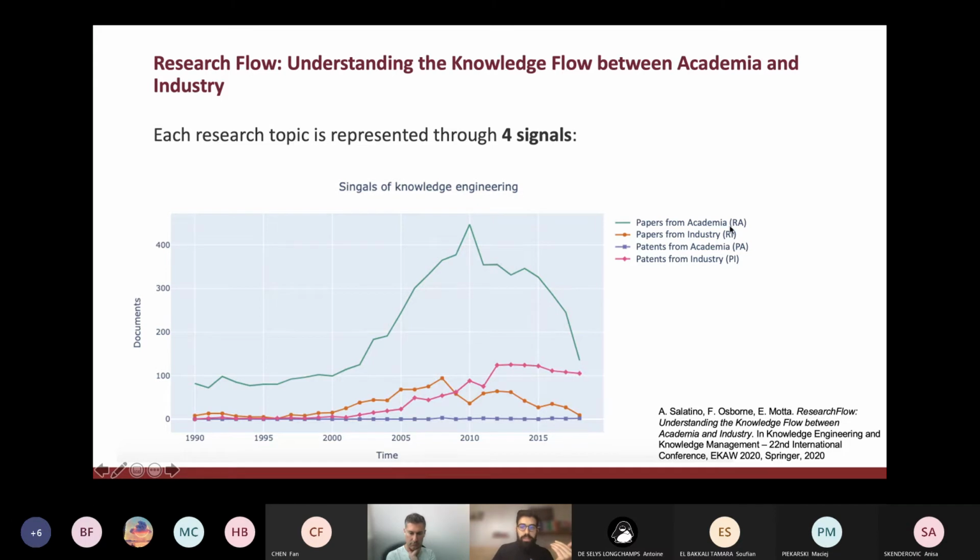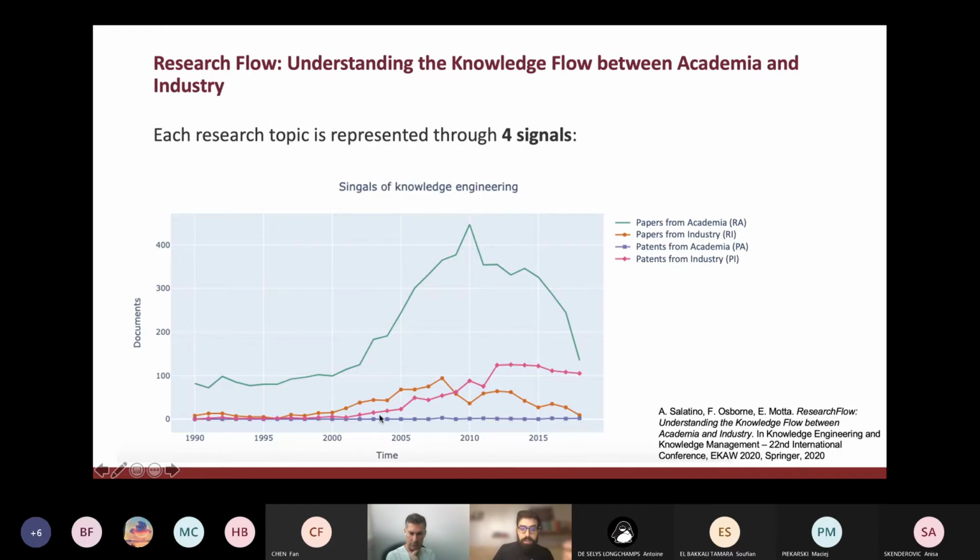So there are the papers of academia, which show you how many papers this knowledge engineering field has been receiving over time. In the year 2000, there were 100 papers published in academia in knowledge engineering, while there were only 10 papers in industry and fewer than 10 patents from both academia and industry.